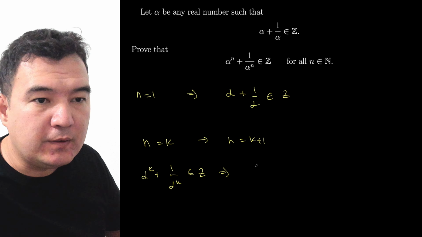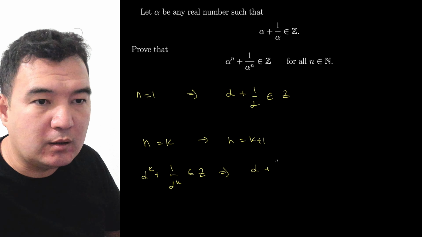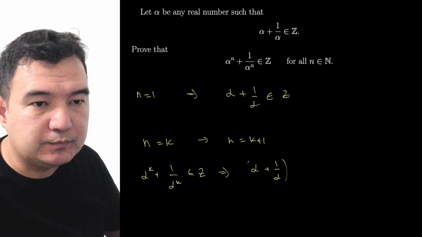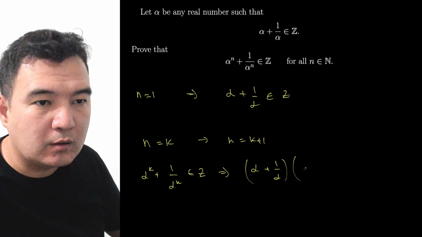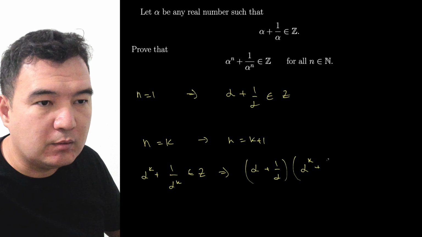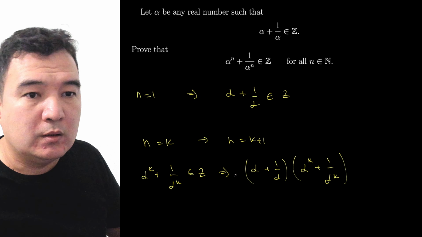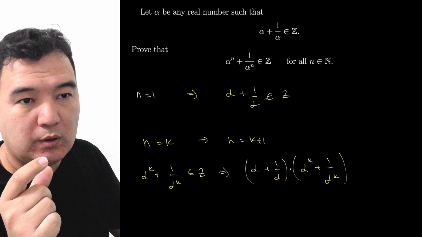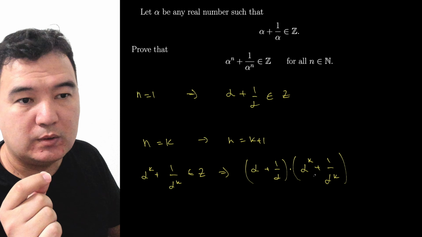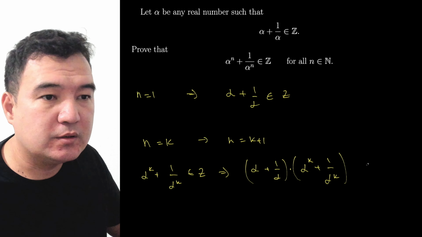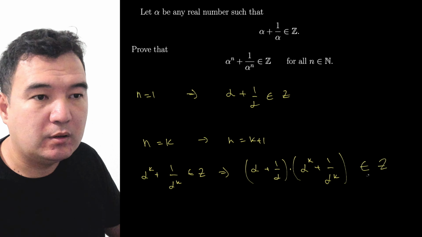So, if I just multiply these two numbers, alpha plus 1 over alpha and alpha^k plus 1 over alpha^k, the product of two integers, from this one we know that this is an integer and this one is an integer. The product of these two integers is still an integer.